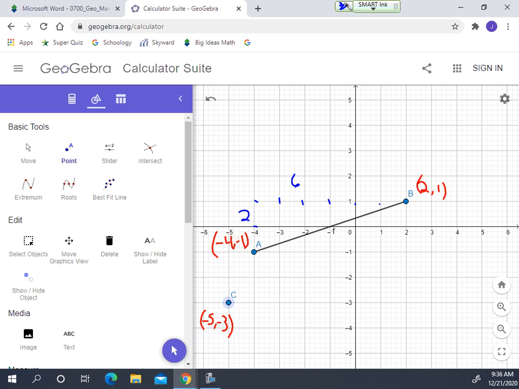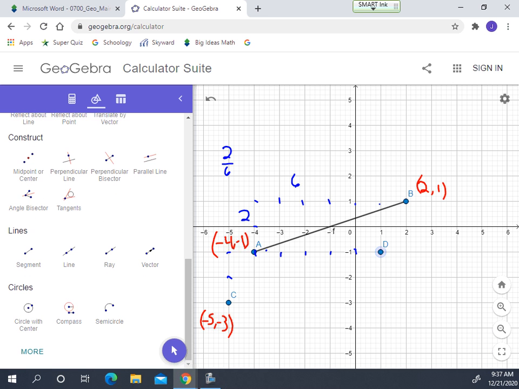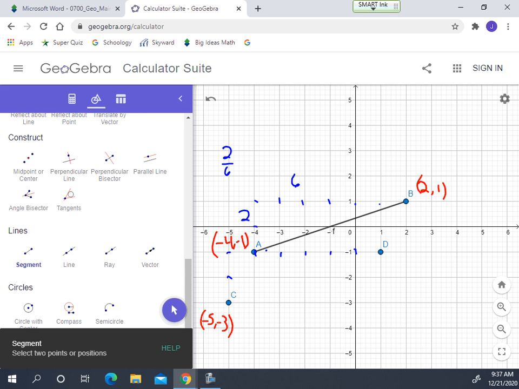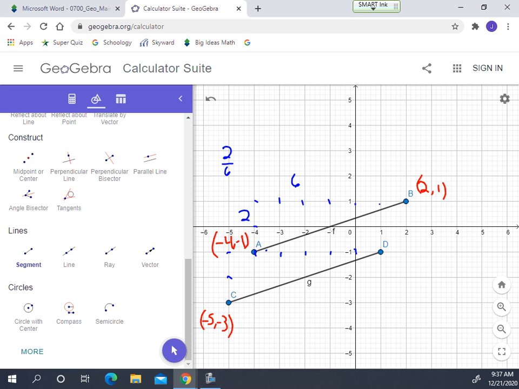So its slope is 2 over 6, right? So my point D has to be up 2, over 5, right here, point D. And if I create my segment, those two lines are congruent.